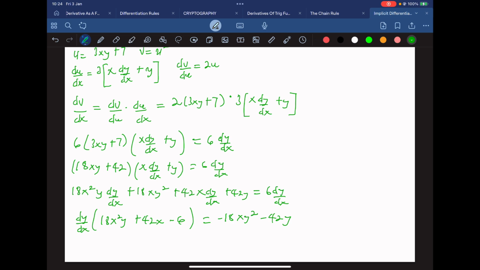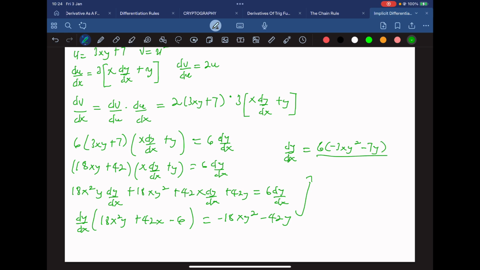So to find dy/dx, we just have to divide through by this. So our dy/dx is, remember, negative 18 and negative 42, we can factorize 6 out. So if we factorize 6 out, we have negative 3xy squared, then minus 7y.